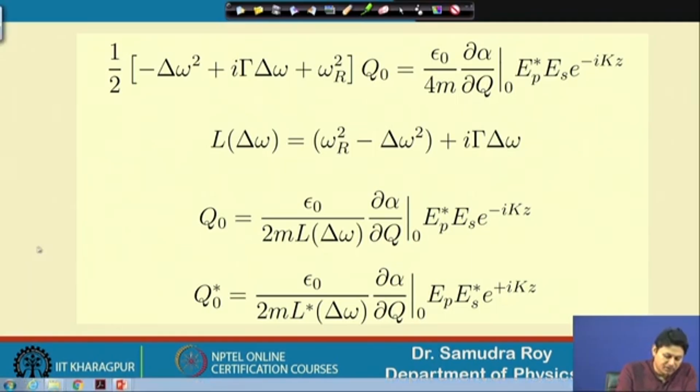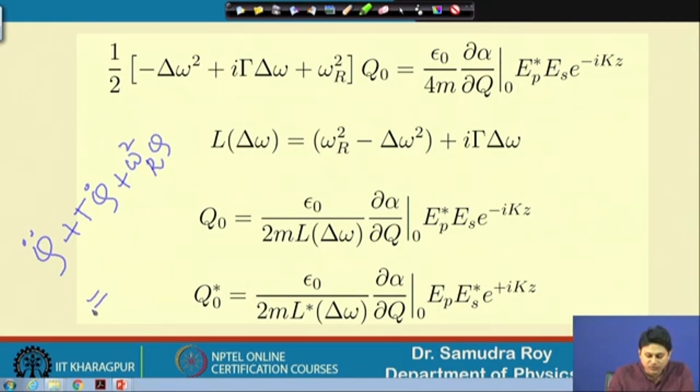Let me write this equation here. Q double dot, here double dot means the double derivative with respect to time, then plus gamma q dot plus omega r square q is equal to the total force term.